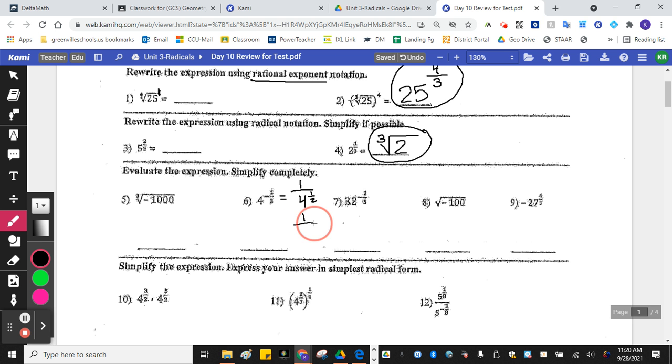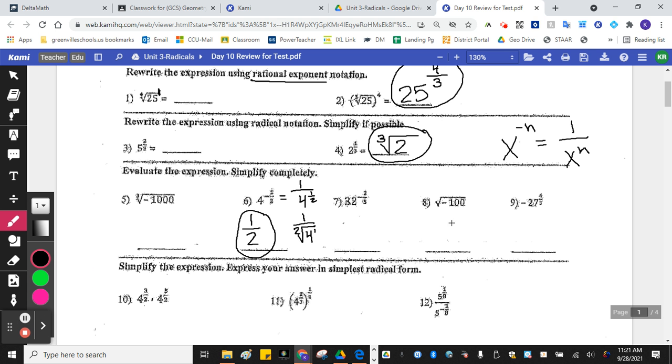Then to simplify it, write it as a radical, and then take the square root of that. So the rule I'm using here is that if it is a negative exponent, it goes to the bottom to become positive.